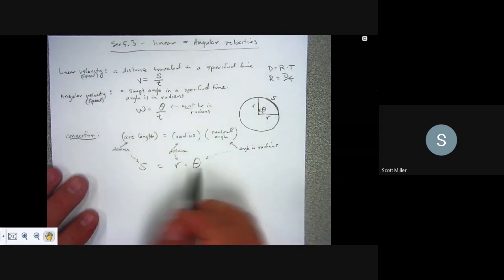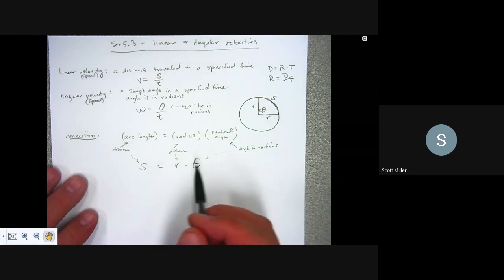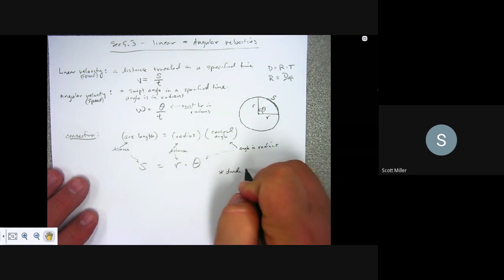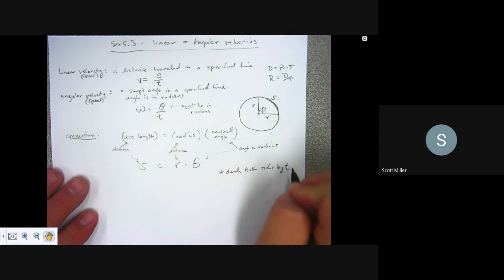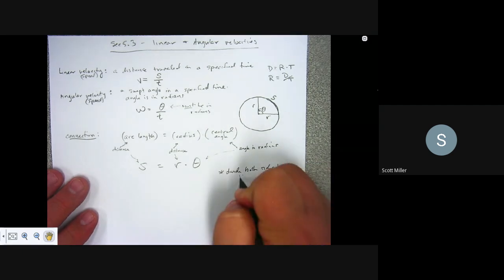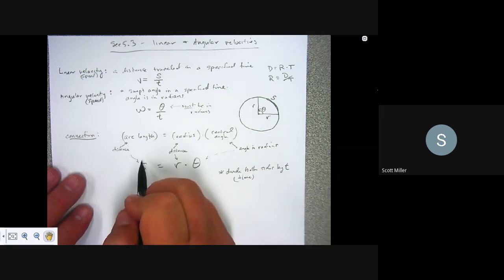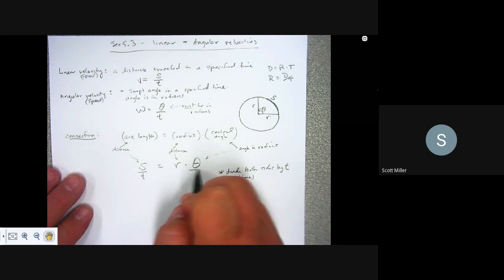Okay? So how do I make these into velocities and speeds? Well, I have an equation. I can multiply both sides by the same thing, or I can divide both sides by the same thing. So we're going to divide both sides by t, which is time. Okay, so if I divide this side by t and this side by t, so this is a product here, I can put it just underneath this one.